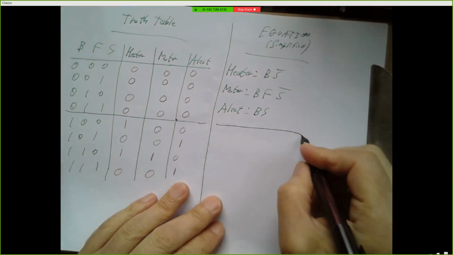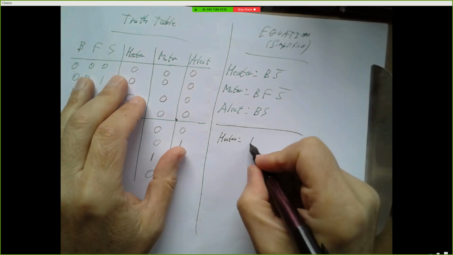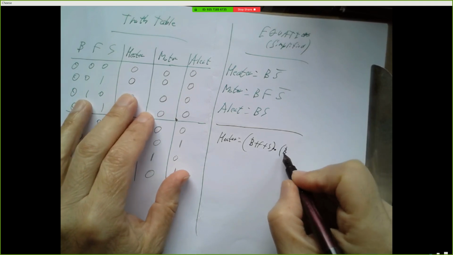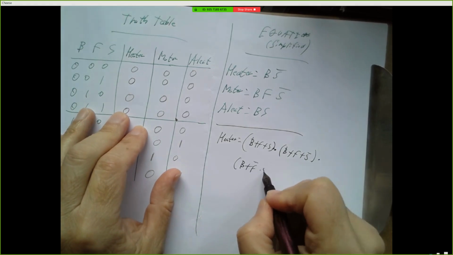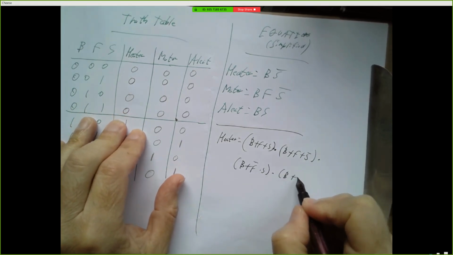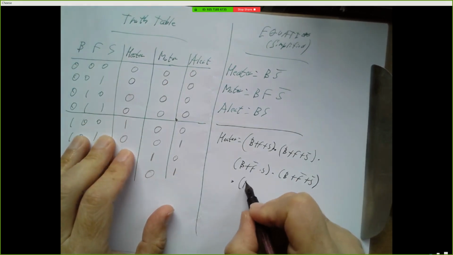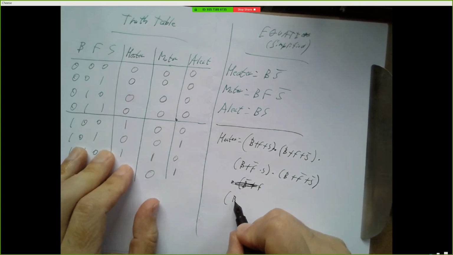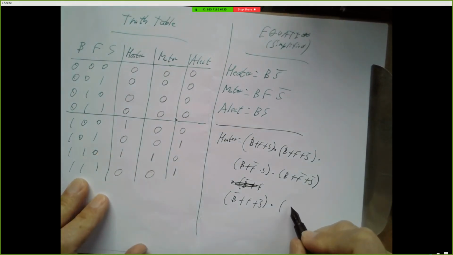If I was to write a POS, heater equals B or F or S, ANDed with B or F or S bar, ANDed with B or F bar or S, ANDed with B or F bar or S bar, ANDed with B bar or F, nope, that one's a 1, ANDed with B bar or F or S bar, ANDed with our last 0, which is B bar or F bar or S bar.